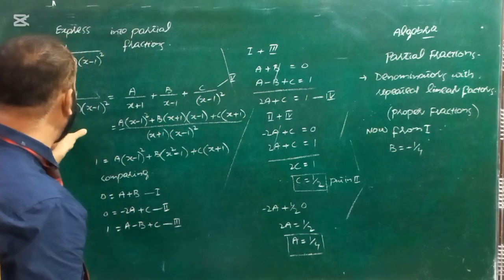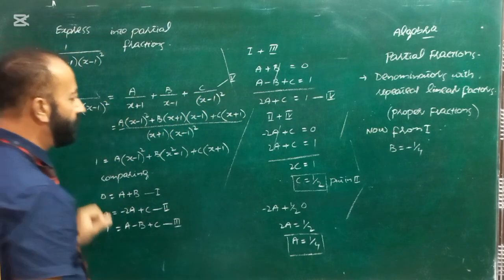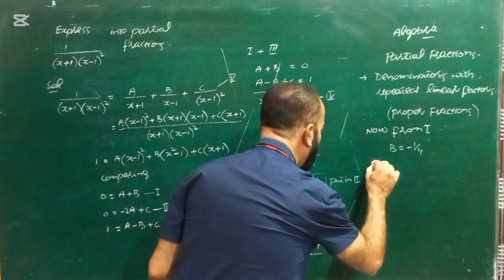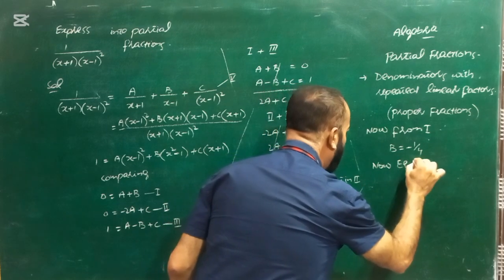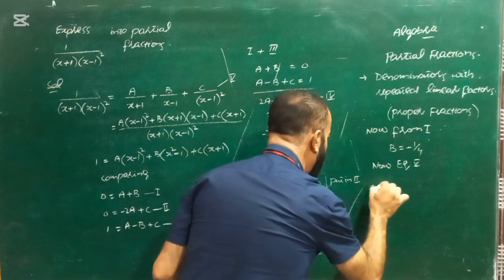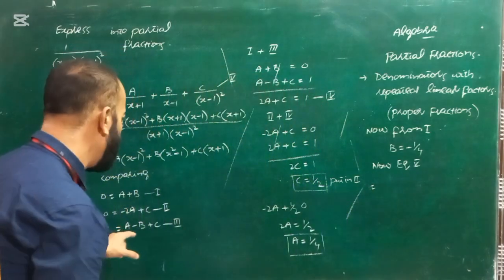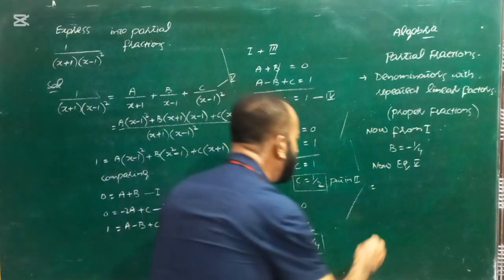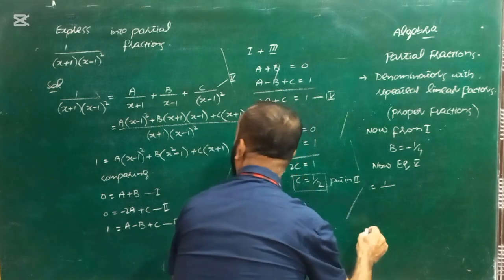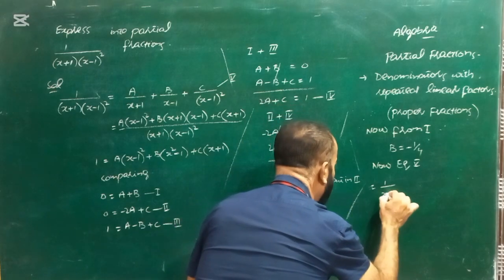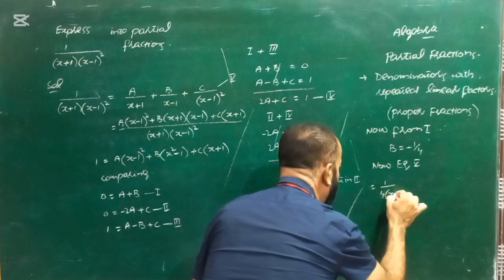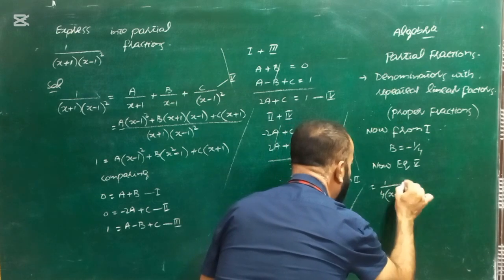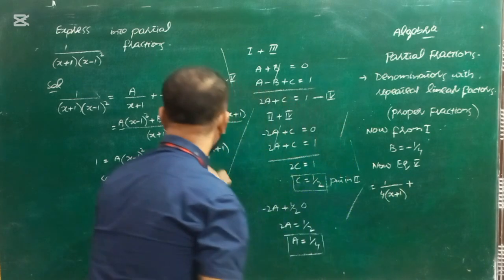So equation number 5 will become, so this is equal to this. Equal to a over x plus 1. So a is 1 by 4. So 1 over 4, because a is 1 by 4, into x plus 1 plus b.